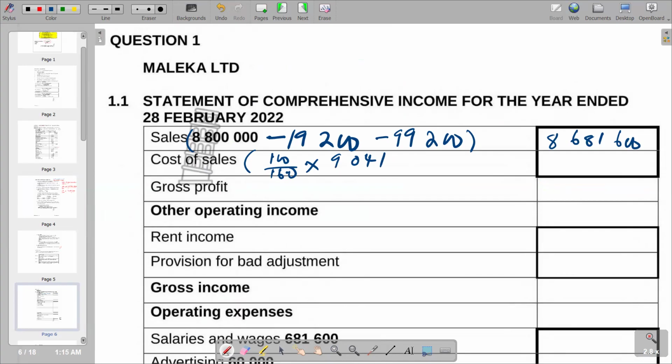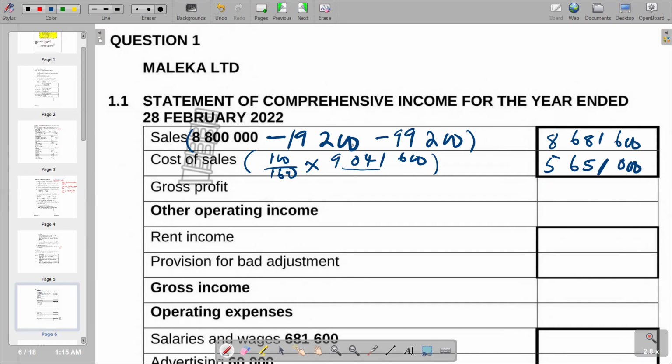So obviously this is going to be the answer that you're supposed to get: 5,651,651,000. So basically that's how we are supposed to calculate it.